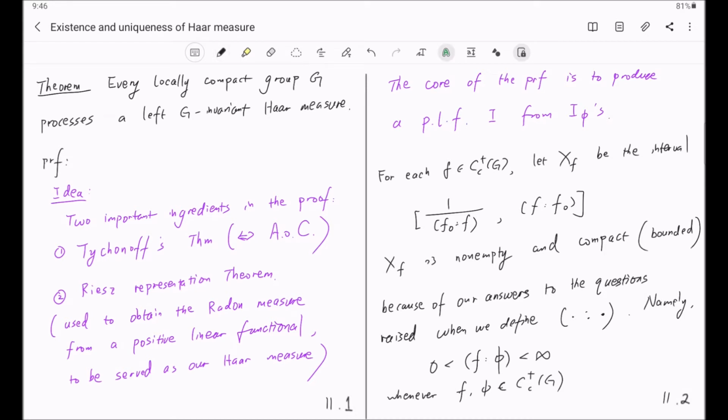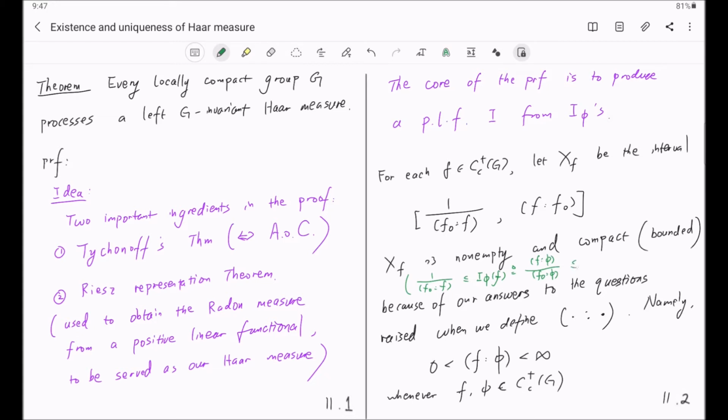And to be rigorous, I should also say that this X of f is non-empty, not just because of the answers to those questions, but also because this left-hand side is less than or equal to the right-hand side. And that is because we have the following inequalities. The left-hand side, 1 over (f naught : f), is less than or equal to I sub phi of f, which, remember, by definition, is equal to (f : phi) over (f naught : phi).